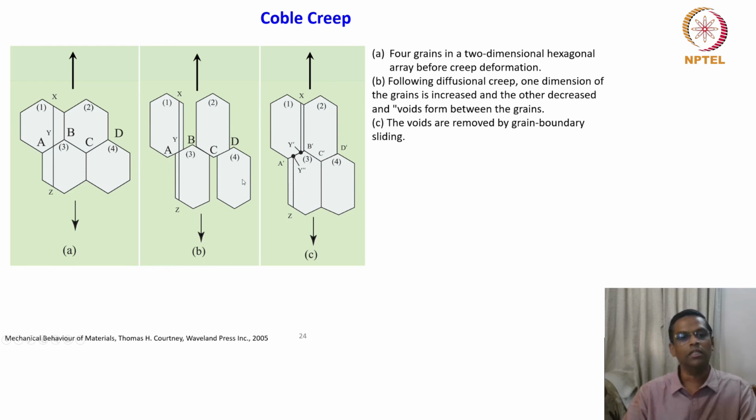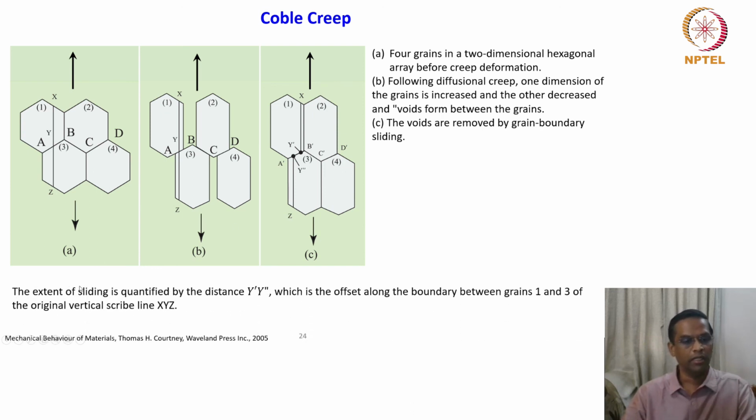Similarly, grain 4 and grain 3, they're also sliding along this grain boundary. So then it becomes homogeneous. So how do we understand this? The extent of sliding is quantified by the distance y double prime. Where is that?